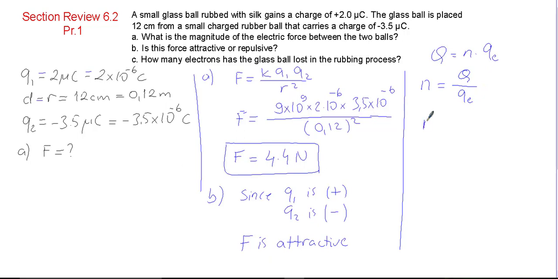Then N is equal to total charge, 2 times 10 to the minus 6 coulomb, divided by 1.6 times 10 to the minus 19 coulomb. And here the number of electrons will be 1.25 times 10 to the power of 13 electrons.